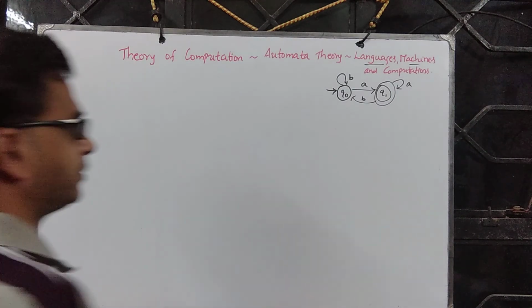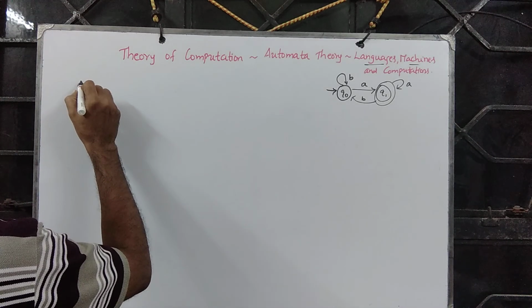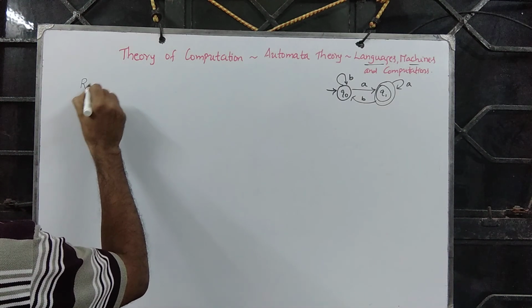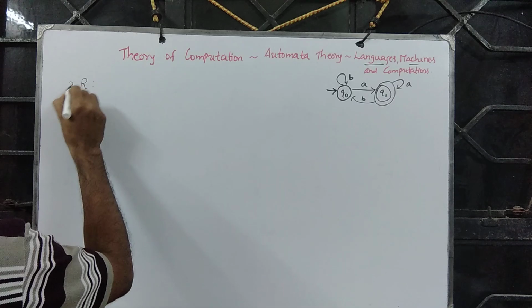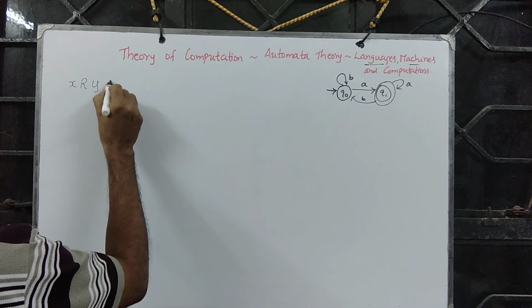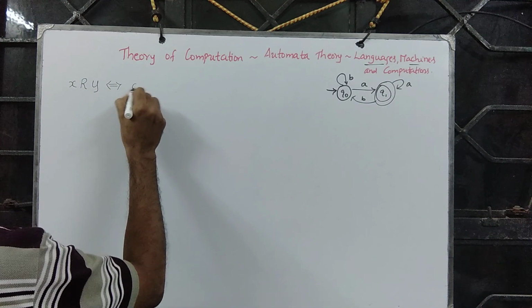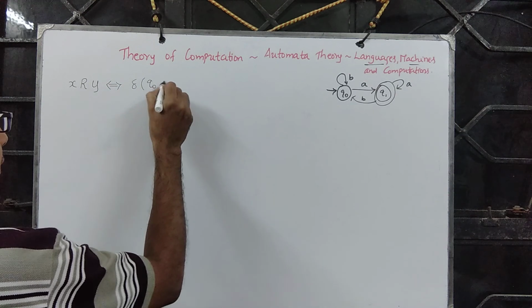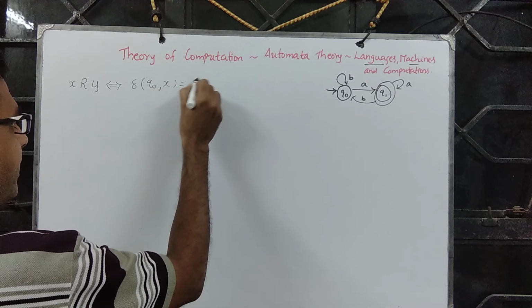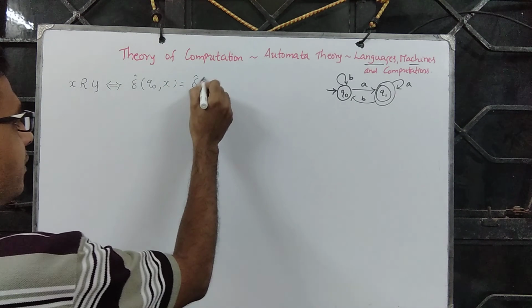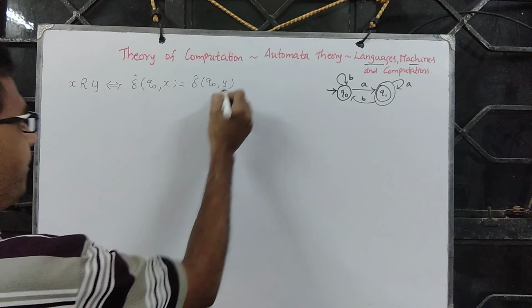So what is it that we have shown? That we have a relation R which says x is related to y if and only if delta of q0, x is the same as delta of q0, y.